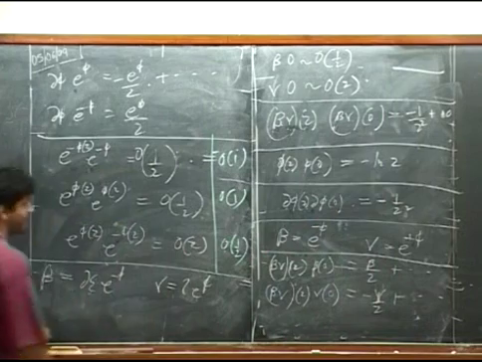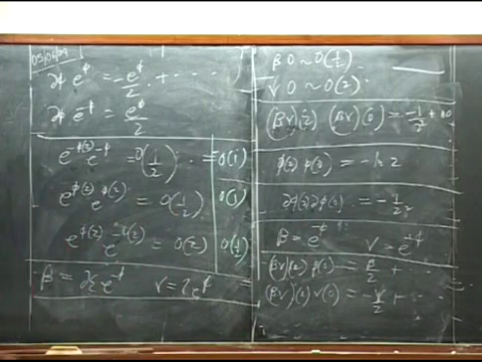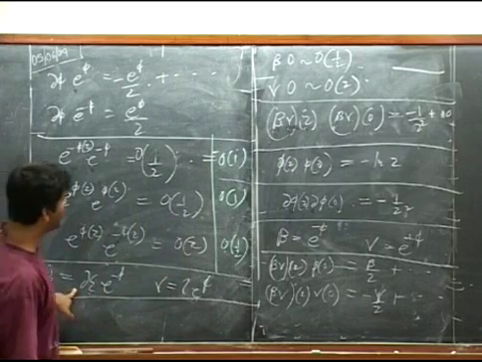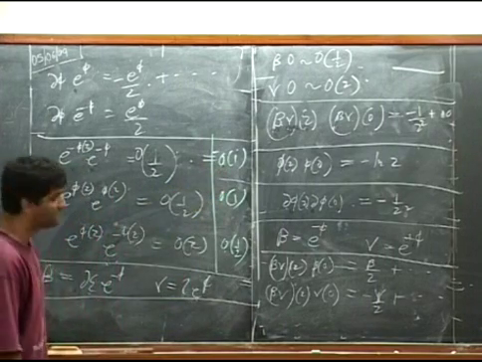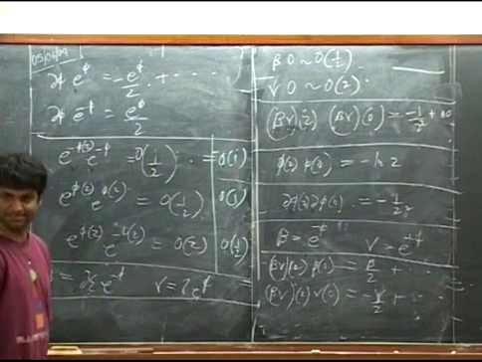Okay, so let's try to deduce that. What we want is for this thing to obey this. Without the del zetas, this obeys this.